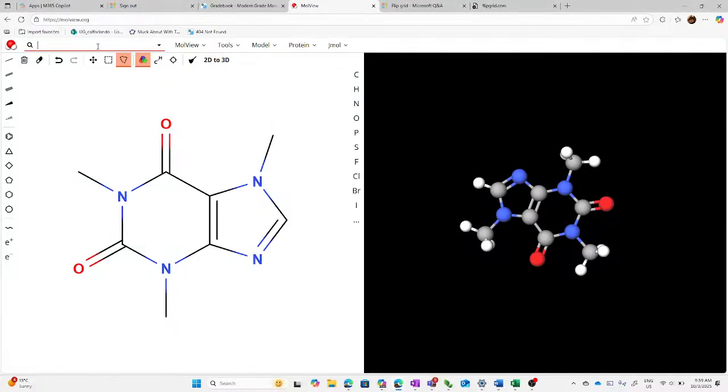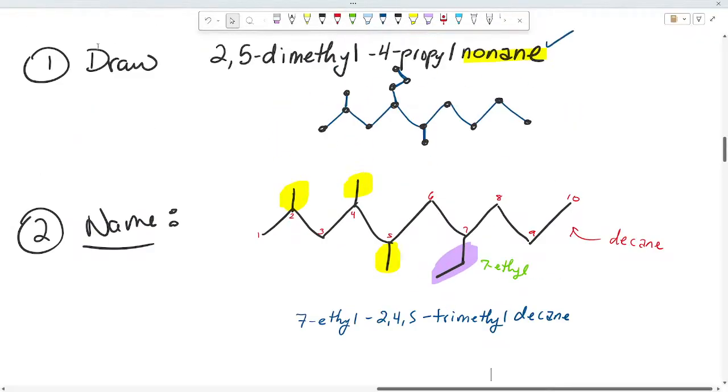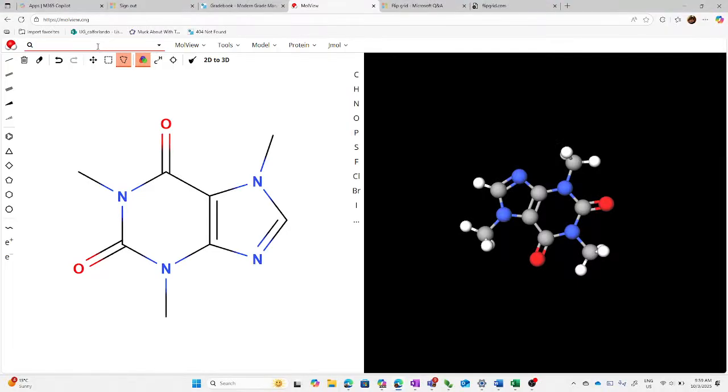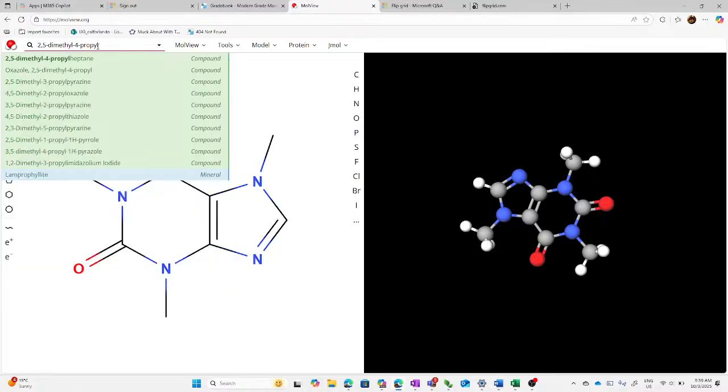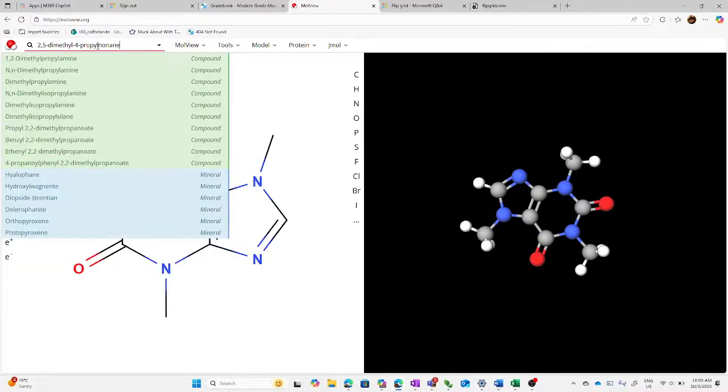Give me the top one, the one we had. 2,5-dimethyl, 4-propyl nonane. So if you look, it's not in the list, right?